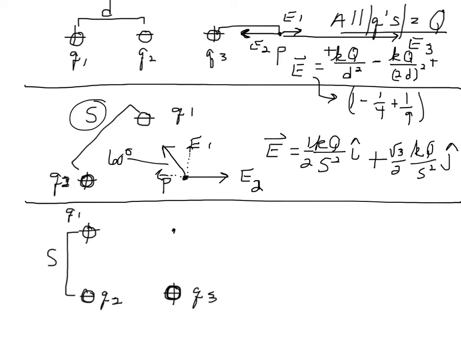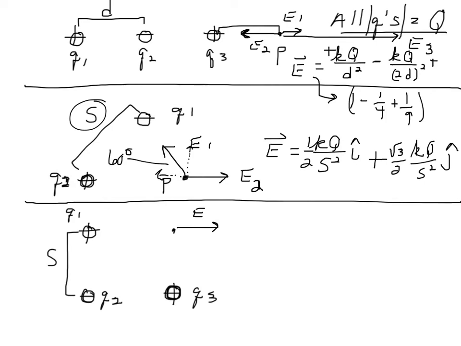Moving ahead to the square. Pause the video, draw in the vectors, and come back. Okay, you're back. You've got an E1, which is going to be KQ over S squared.